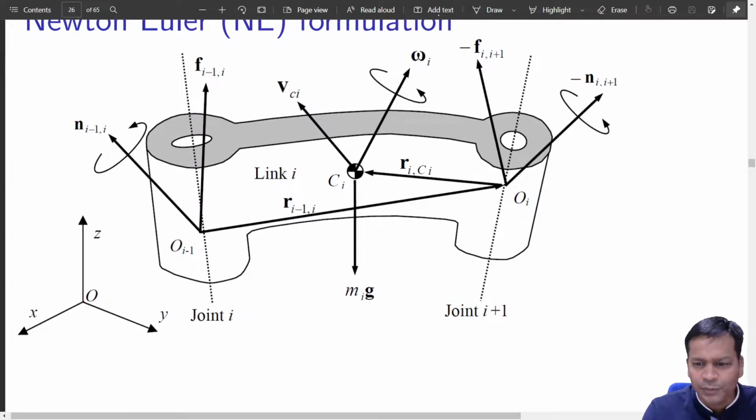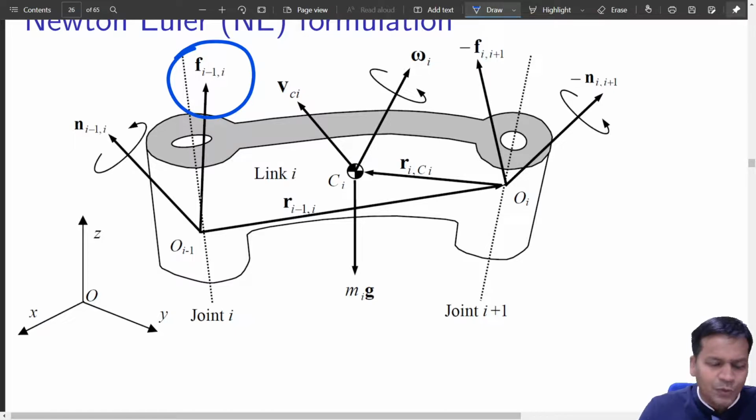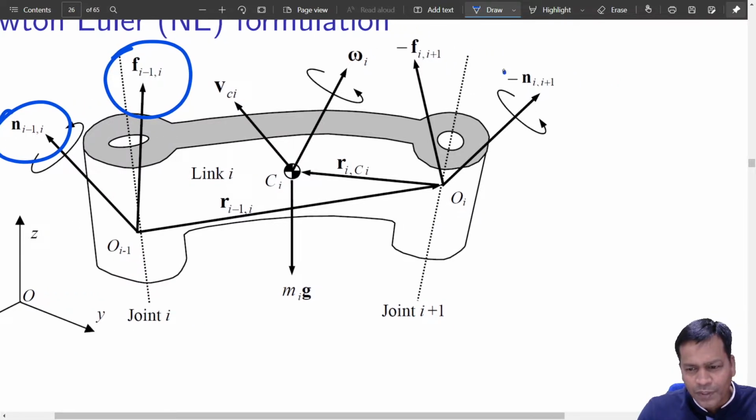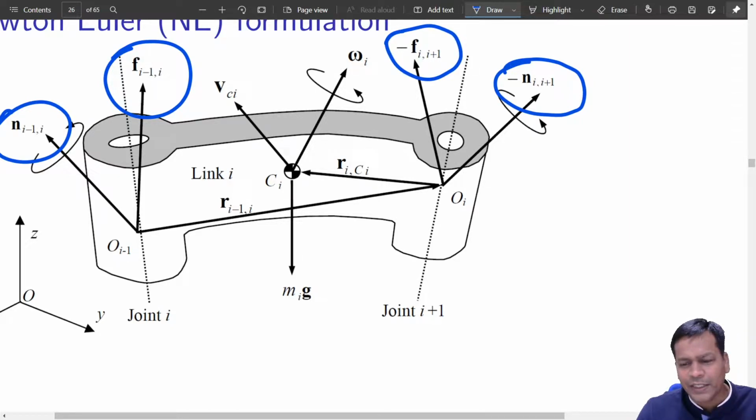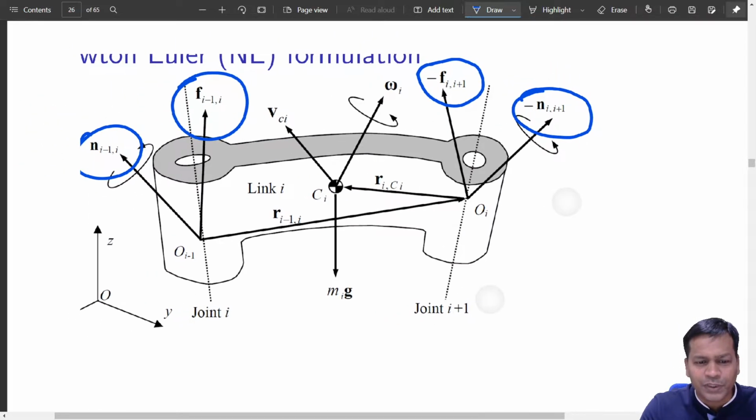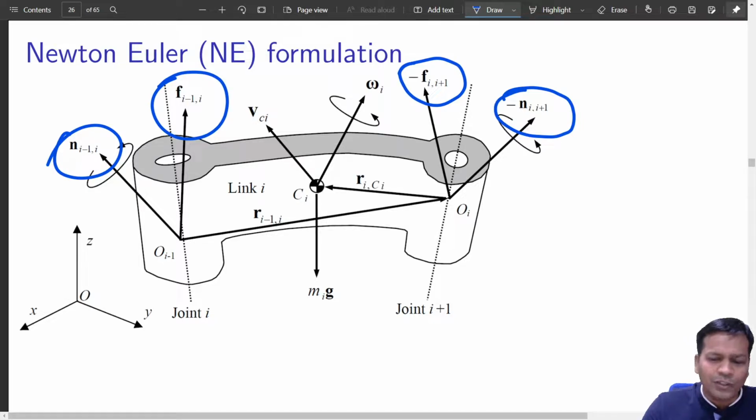I'll just highlight them. This is the force which is exerted by the link on the link before this, and this is the corresponding moment for it. And similarly, these two are the forces and moments which it sees from the link connected after this. So these two are external forces acting on this link.